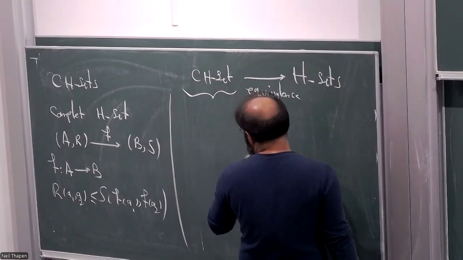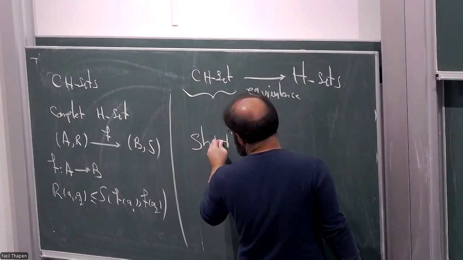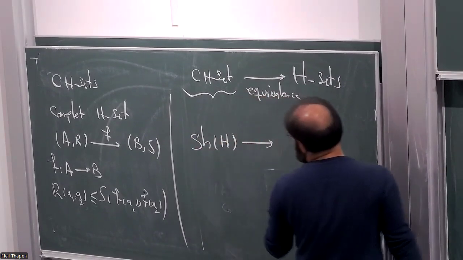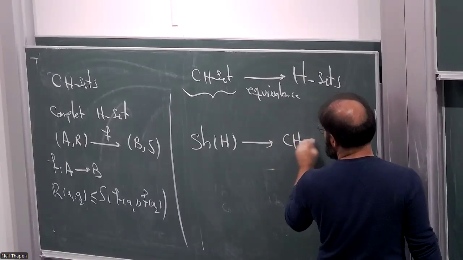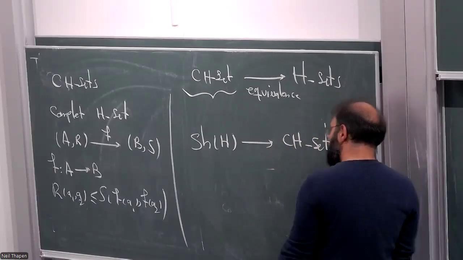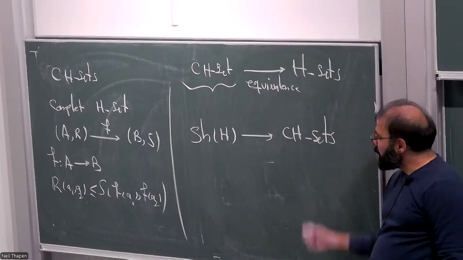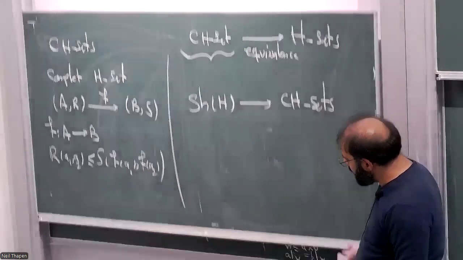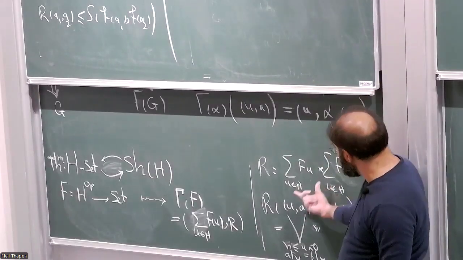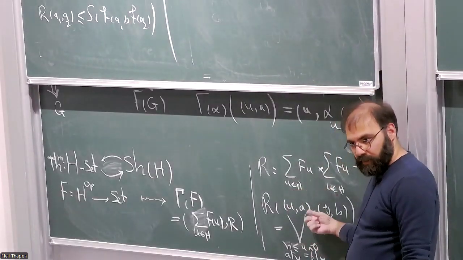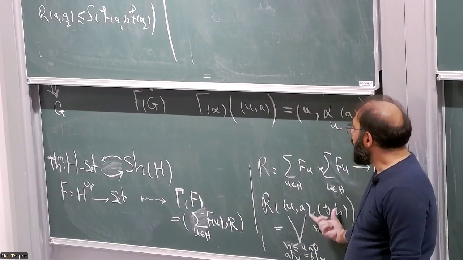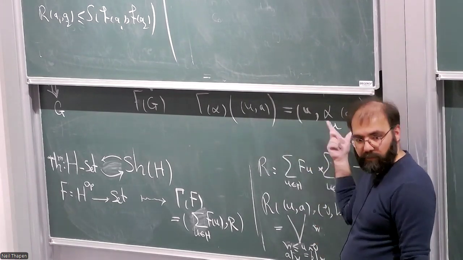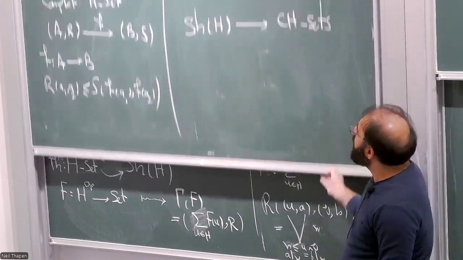We know how to go from sheaves to H sets, but if we think about that, as again Adam mentioned somehow, we actually land in complete H sets, right? So we have to prove it, but it is not that hard to show that this one that we constructed here is actually complete. And the map is also in the obvious way we defined it, right?